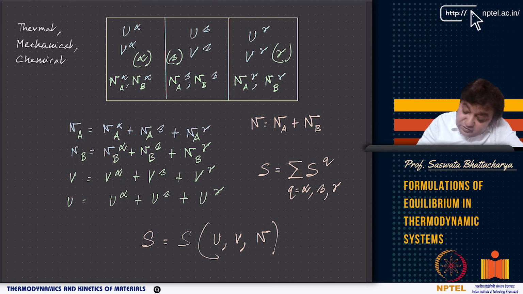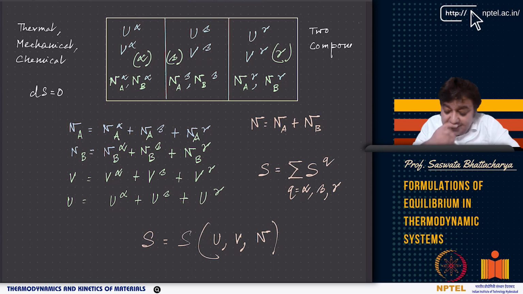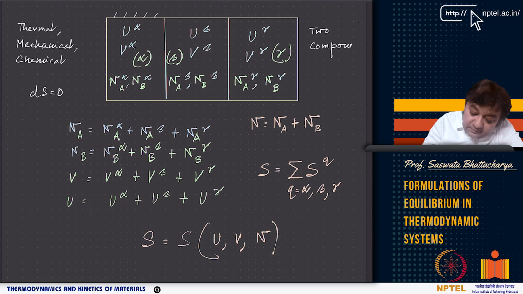So let us assume a system. I just want to show you that the approach that we used, where we made dS equal to 0, was for a system that is isolated. So the overall composite system is isolated.